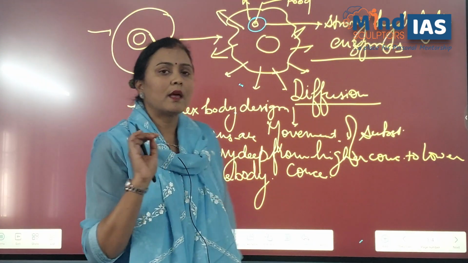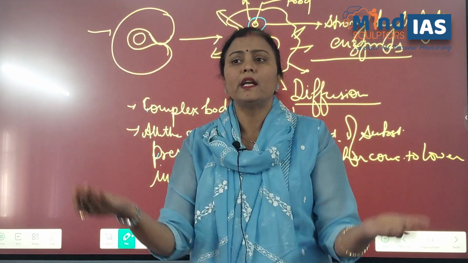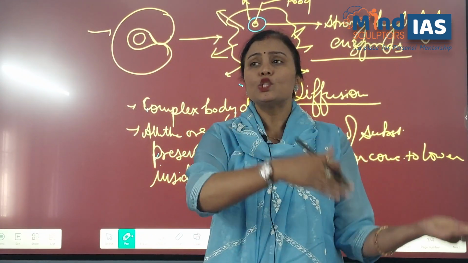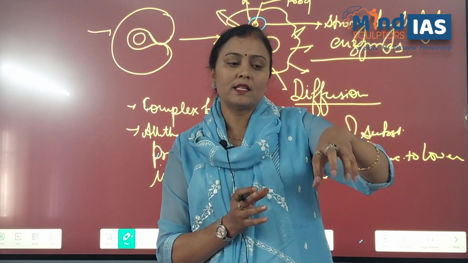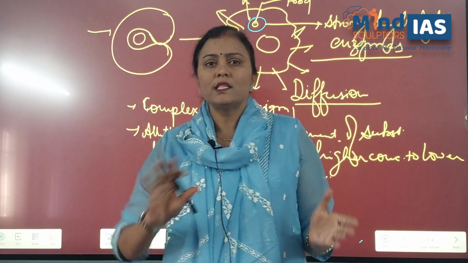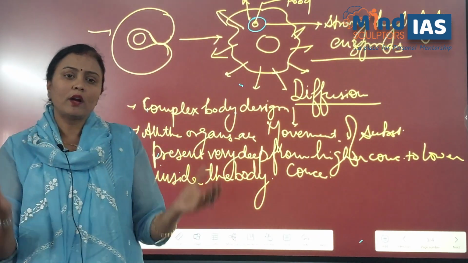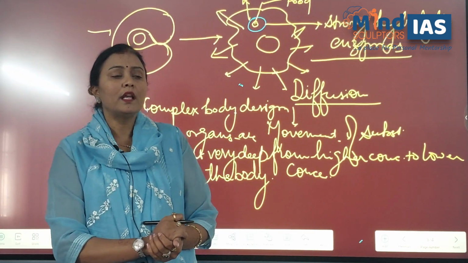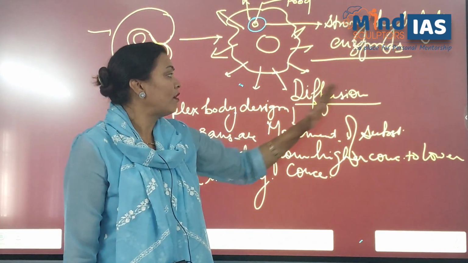Take the example of the digestive system. The surface of the entire digestive system is not in direct contact with the environment. It is present somewhere very deep inside the body. So all the internal organs in human beings are very deep inside the body and do not come in direct contact with the environment, and this is also a biggest reason for not going for diffusion.